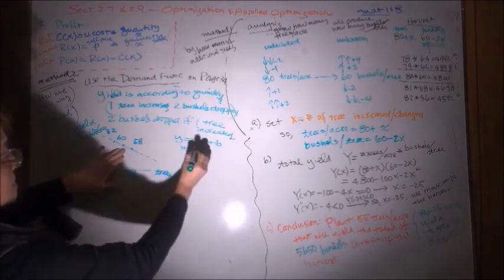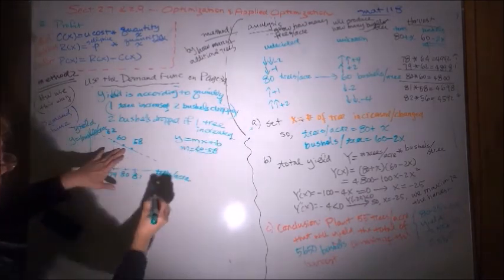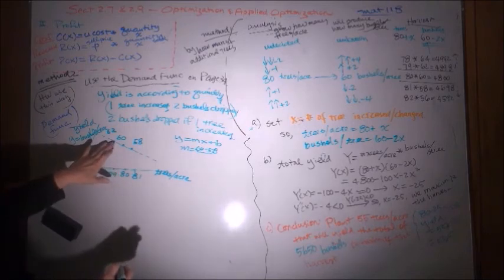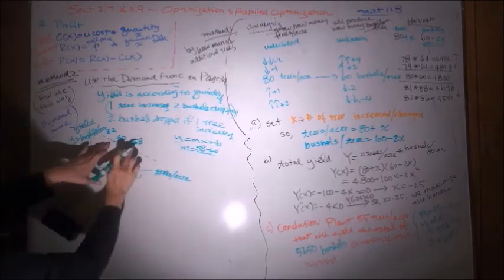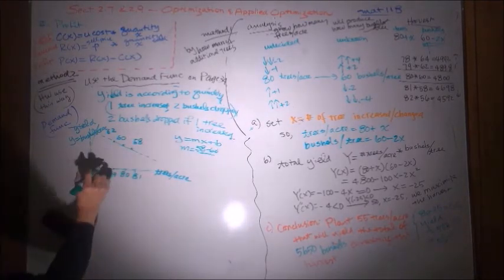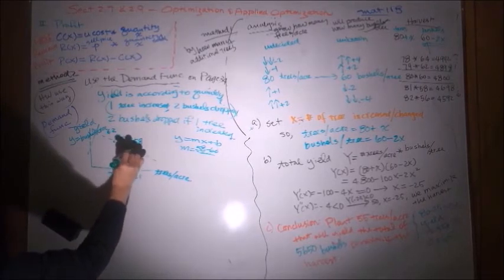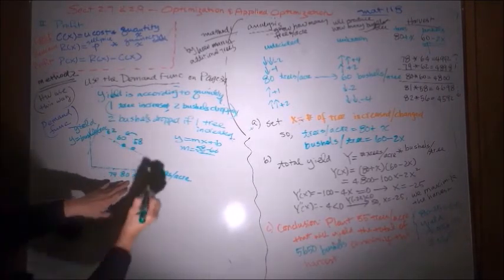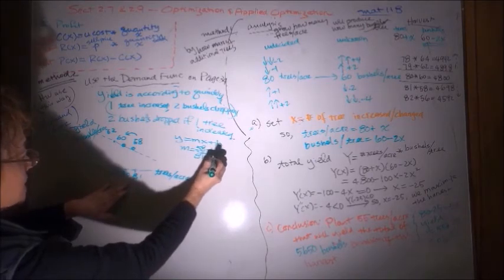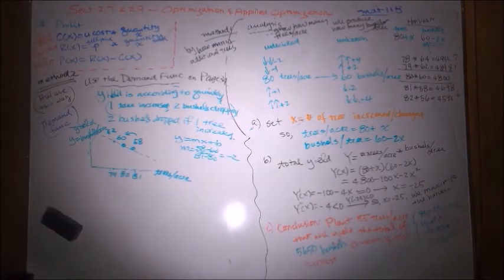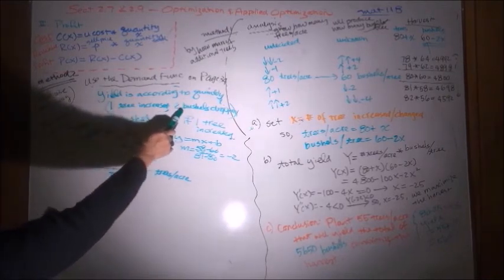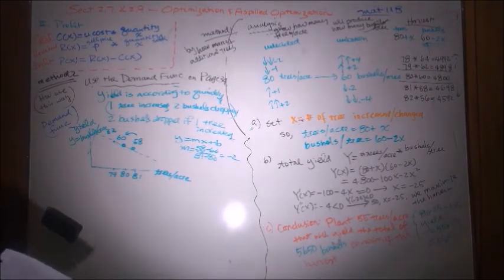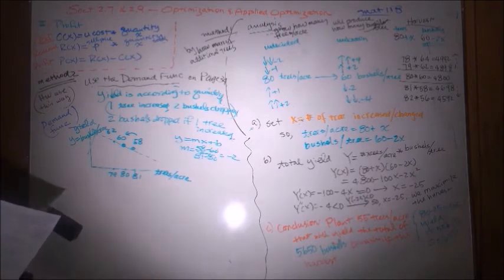So it's 58 minus 60, right? 58 is here, this is 60, right? 58 minus 60 over 81 minus 80. So it's negative 2. The slope is decreased by 2. It's telling you 2 bushels drop. So it's decreased by 2.